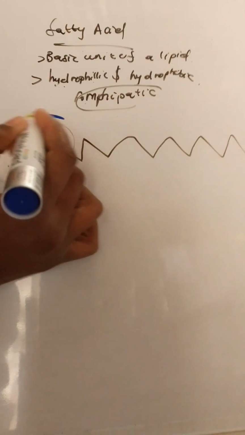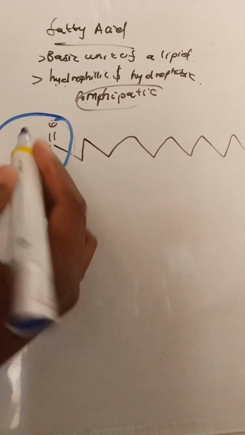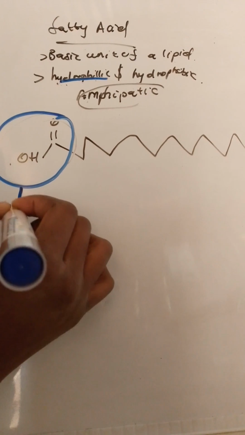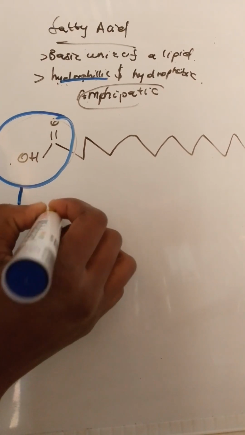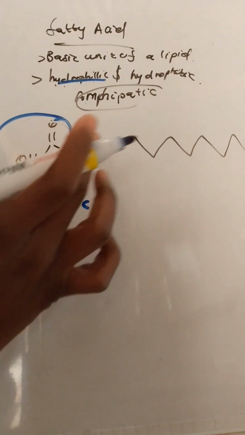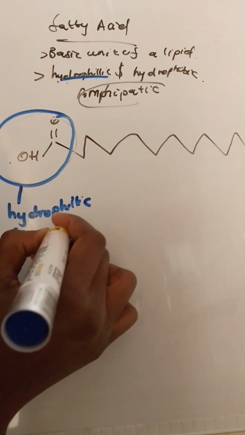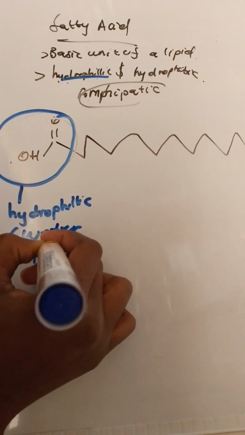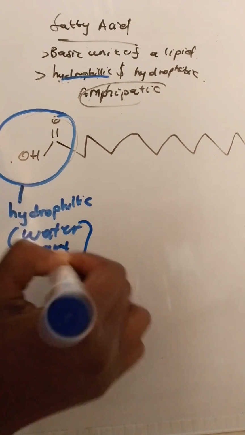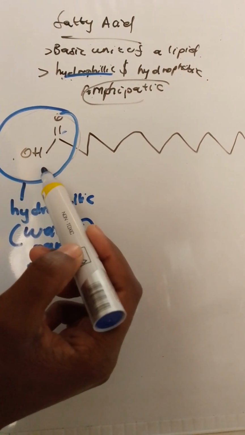We find the hydrophilic part here, the water part of the fatty acid, the polar part. Only here is your fatty acid hydrophilic.